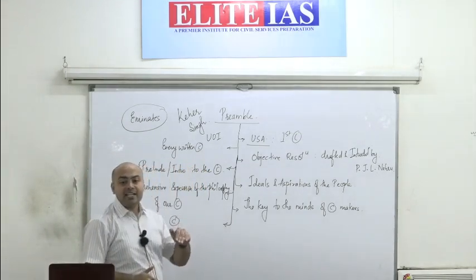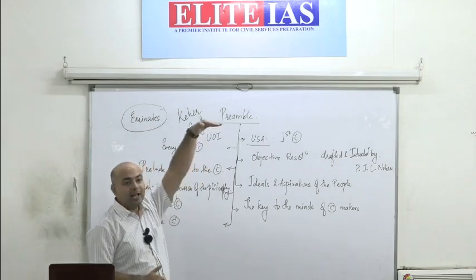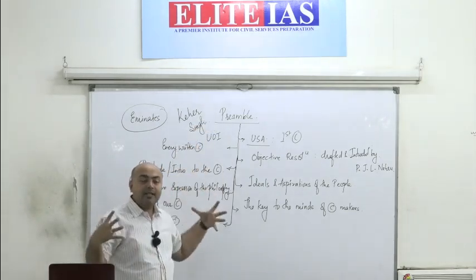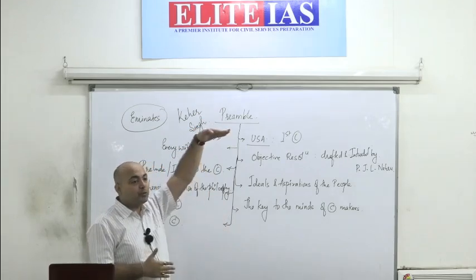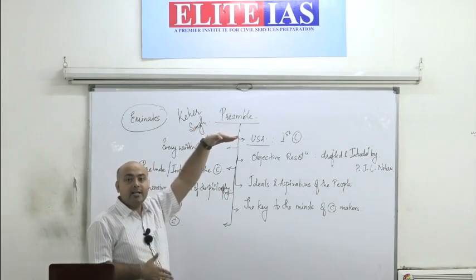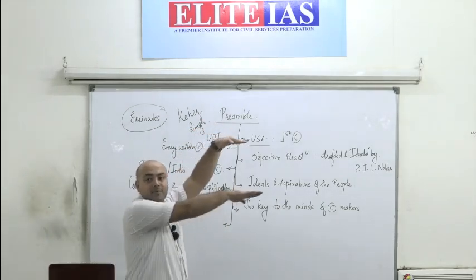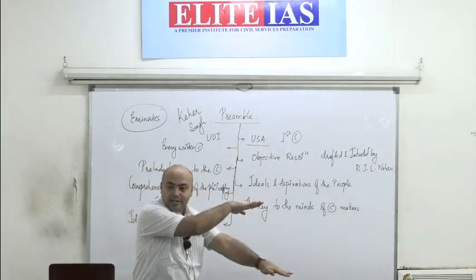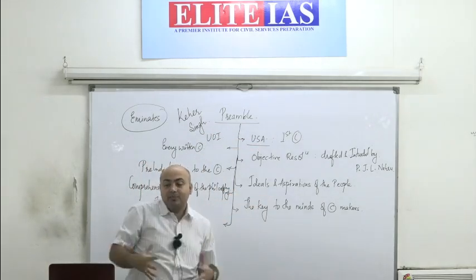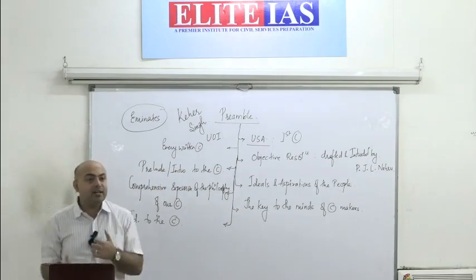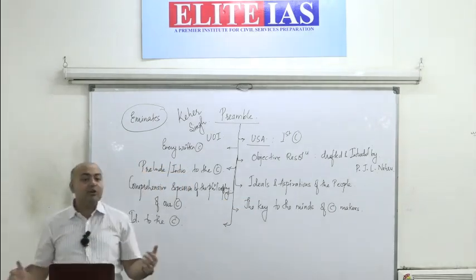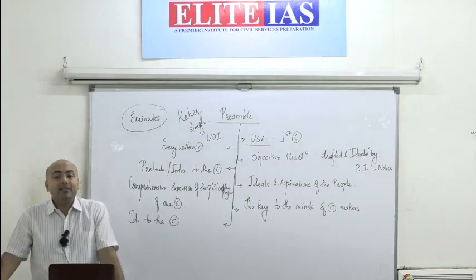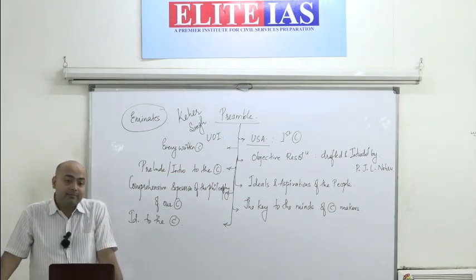So hierarchically speaking, the people of India are the topmost, occupying that topmost position in the Indian hierarchy. Then comes the Constitution, and then come the other three bodies. The executive, the legislature or the judiciary are not the sovereigns. Sovereignty lies with the people of India.